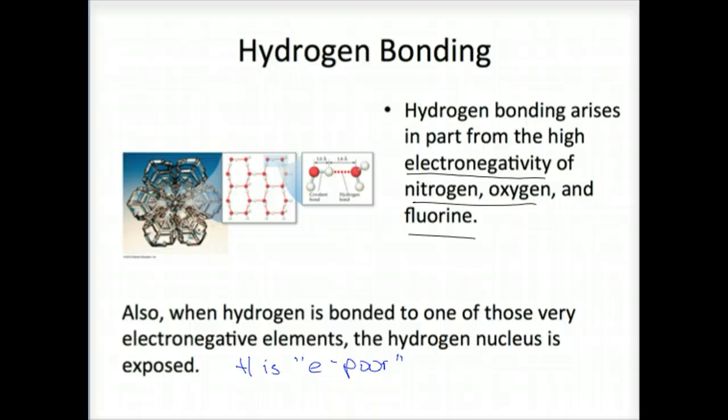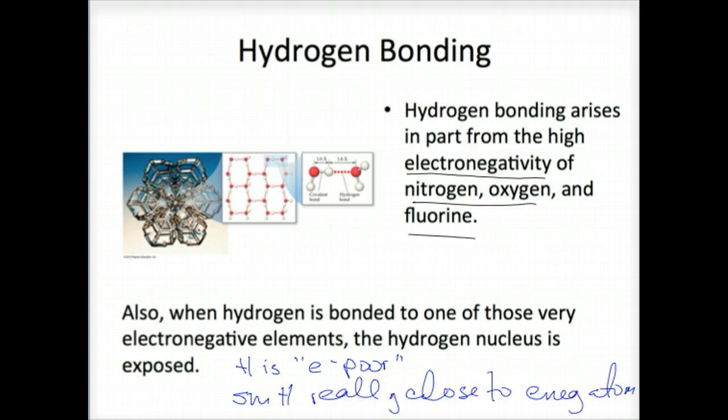So what you have to remember is, since our hydrogen nucleus is in essence exposed, hydrogen is considered electron poor. All we have is basically an exposed proton. So that means our really, really small hydrogen atom can get really, really close to that highly electronegative atom. And therefore, because it's literally closer, we have a strong interaction between the two molecules. And that's why hydrogen bonding is more effective than just dipole-dipole in terms of these small atoms and their boiling points.